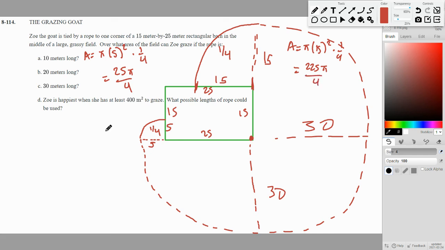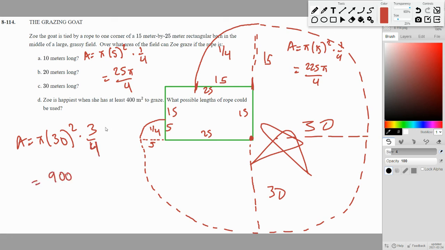And then the whole big one here is going to be a radius of 30. And that's still 3/4 of your circle. So area is equal to pi times 30 squared times 3/4. 30 squared is 900 times pi times 3/4. And since everything is in a fraction over 4, let's keep it as a fraction over 4 for this one.